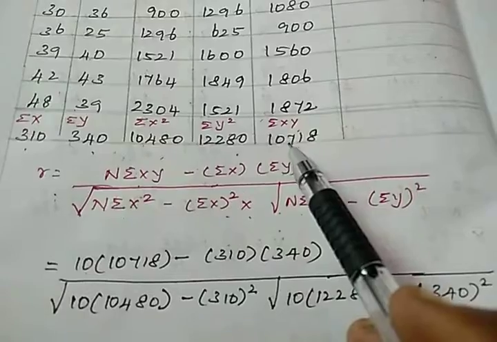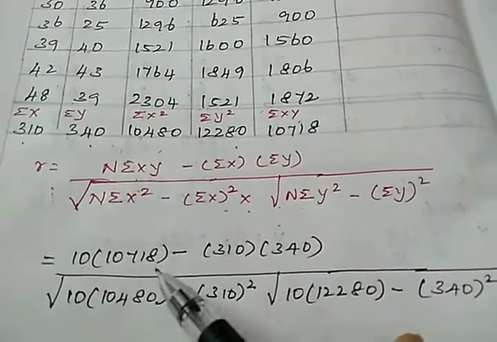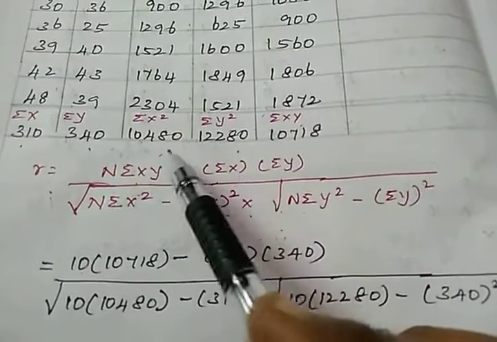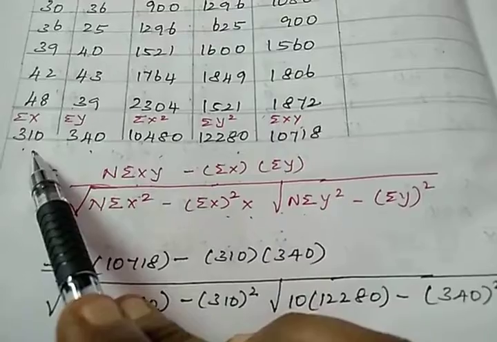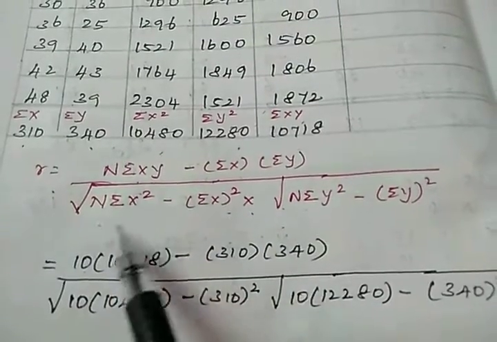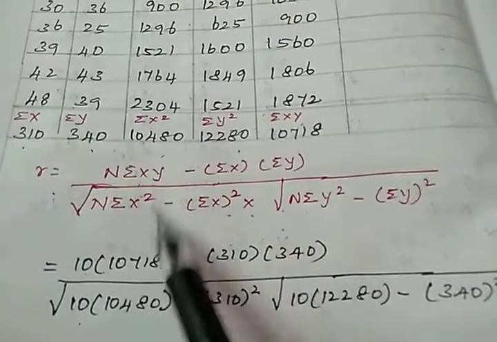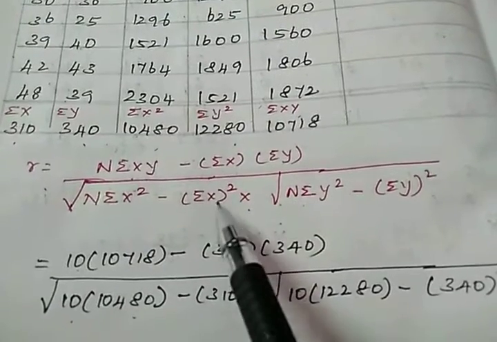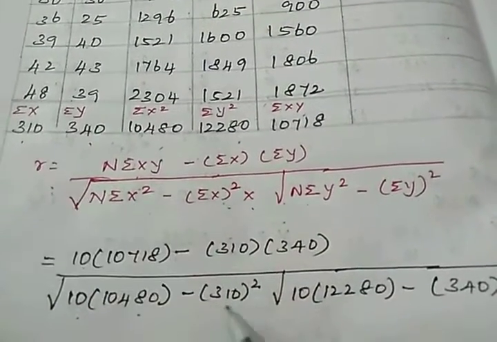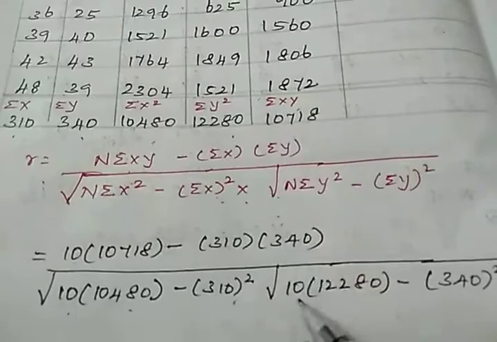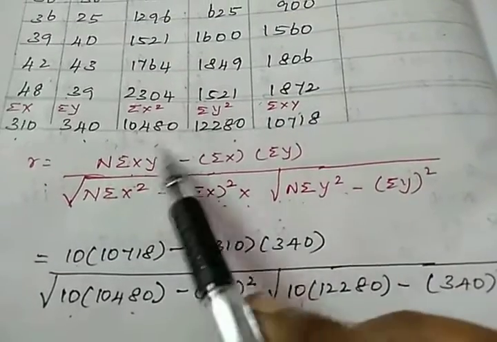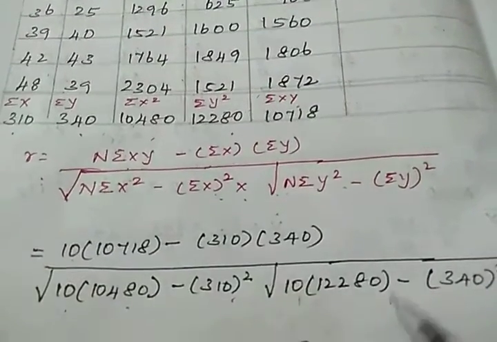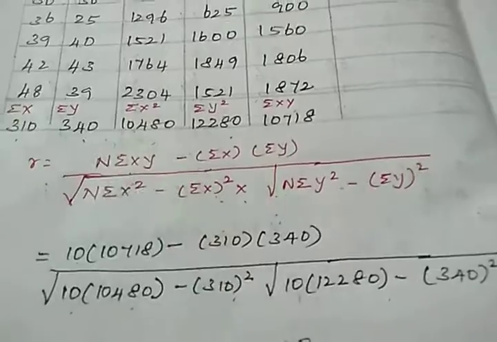Summation xy is 10,718 minus summation x is 310, summation y is 340. N into summation x squared is 10 into 10,480, summation x the whole square 310 the whole square, into root of n is 10, summation y squared is 12,280 minus summation y the whole square 340 the whole square.